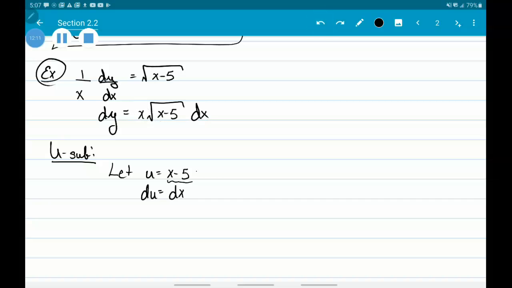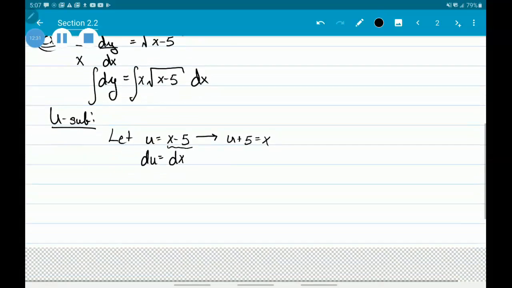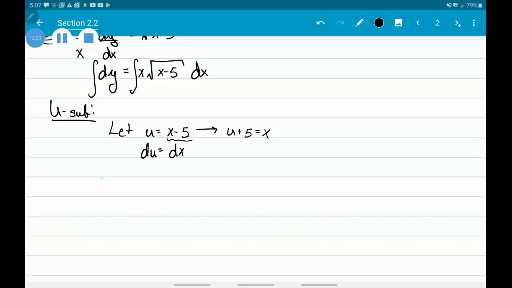So we need to know, what is x equal to? Well, we can figure out what x is equal to by solving this guy for x. If we were to move that 5 over, we would know that u plus 5 is equal to x. So now we are ready to make our substitutions. So if we integrate dy, that should be equal to integrating x square root x minus 5 dx.